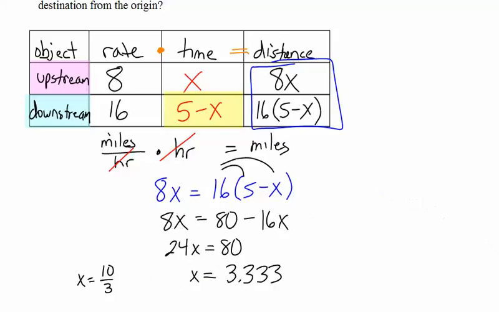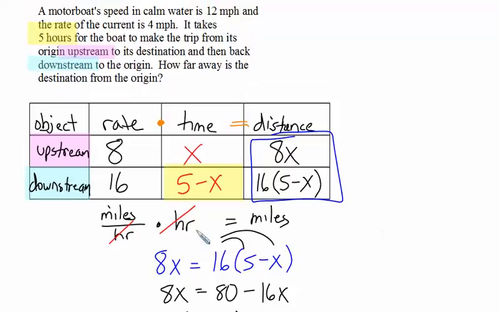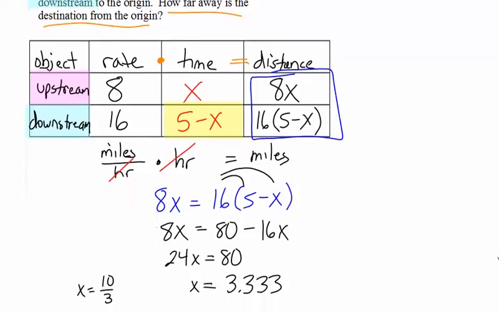But don't stop there. We need to answer the question. And the question asked us, how far away is the destination from the origin? X is the time, not the distance. We could really plug into either of these two expressions, and they should be the same, because the distance upstream between the origin and the destination should be equal to the distance downstream between those 2 points.